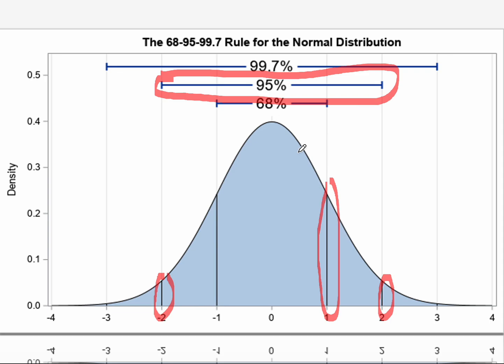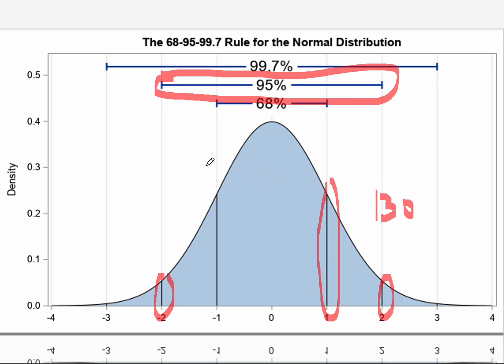If this is an IQ test, the most commonly used IQ test in the United States has a mean of 100 and a standard deviation of 15. That means 115 would be a standard deviation above. 130 would be 2 standard deviations above. I'll write those numbers in. Here's 130.